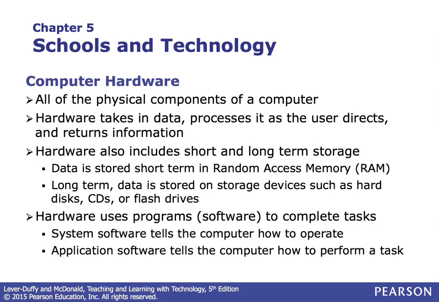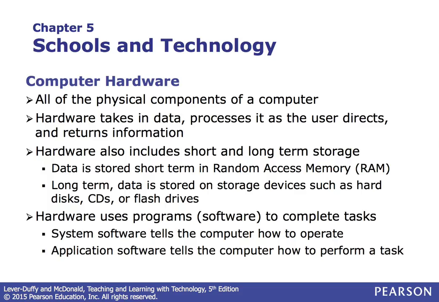Hardware uses programs known as software to complete tasks. So we have to have some type of application in order to do something. Otherwise, you're just going to play with your computer's different presets, and you can go in and change things with the control panel and stuff. But other than that, you're not really doing much.